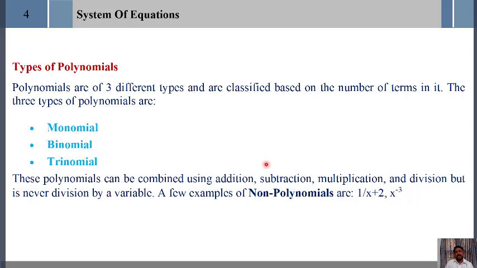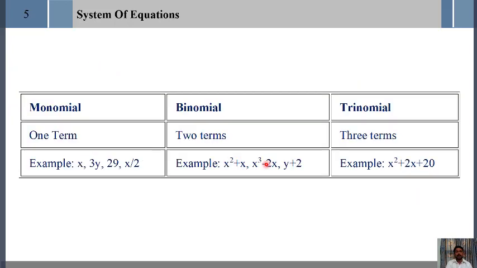These polynomials can be combined using addition, subtraction, multiplication and division, but never divided by a variable. A few examples of non-polynomials are 1 divided by x plus 2, 1 divided by y cube, x to the power minus 3, z to the power minus 2, z power minus n, etc.